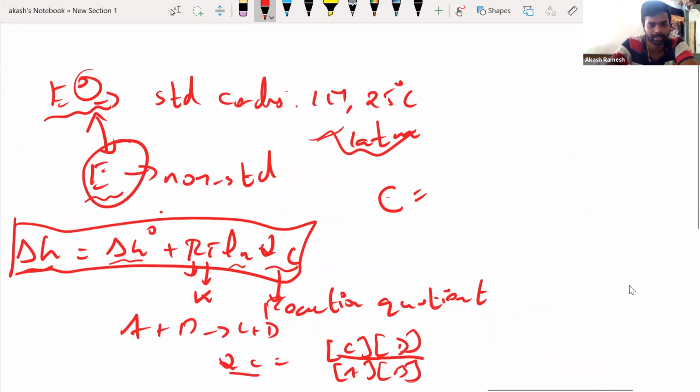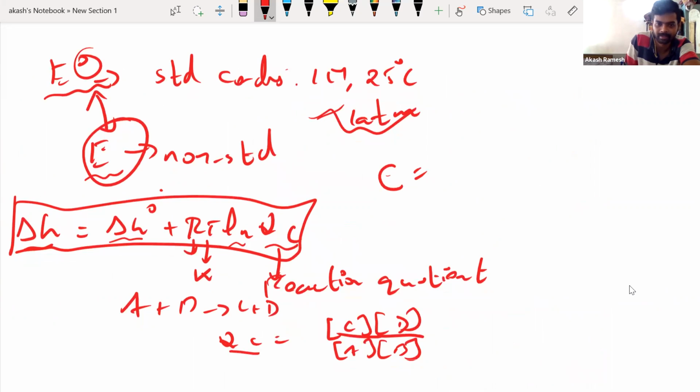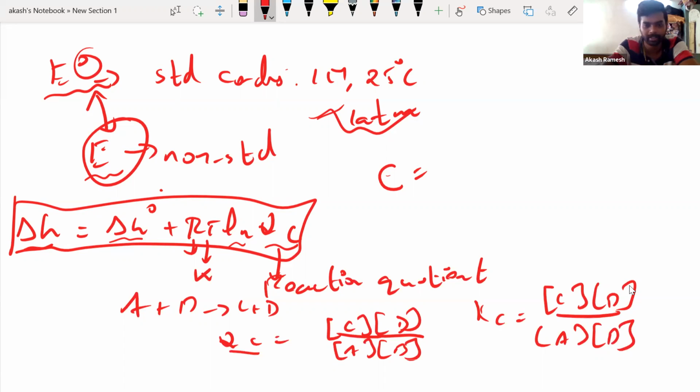I'll write QC like this, and KC will also be equal to the concentration of C into D divided by the concentration of A into B. If we write like this, what is the difference between QC and KC?